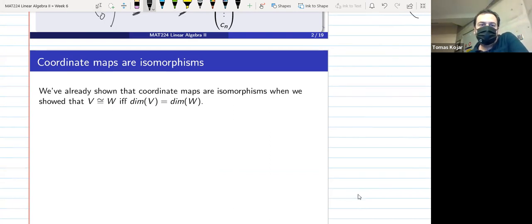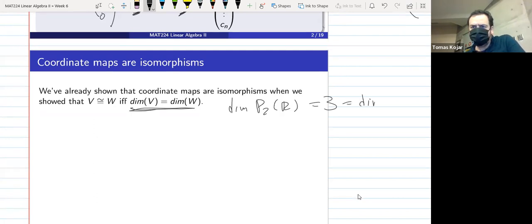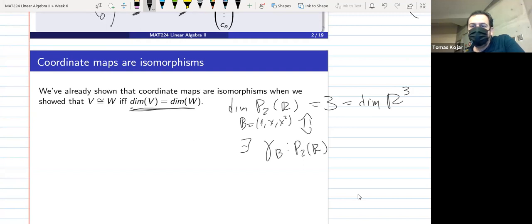And we proved that if the dimensions match, the dimension of P2(R) is 3, which is the dimension of R3, then there exists a coordinate map gamma, whatever your standard basis is, with 1, x, x squared.